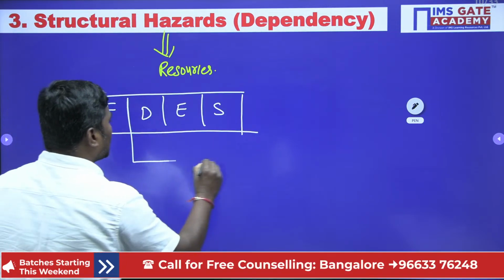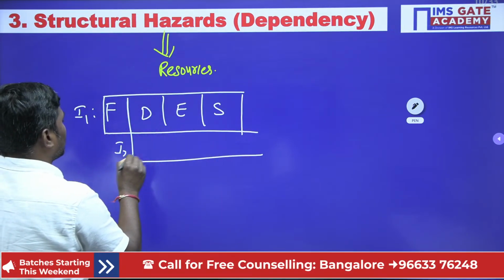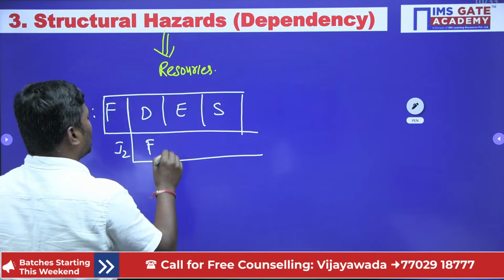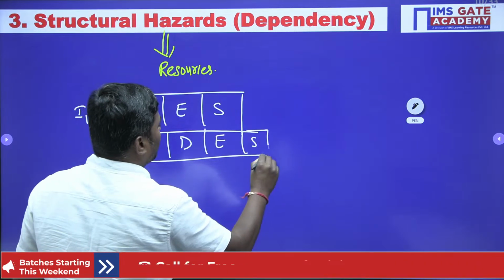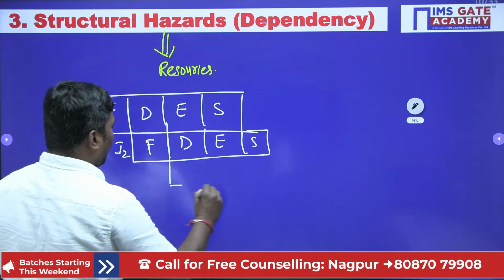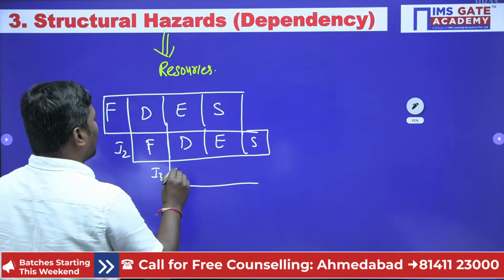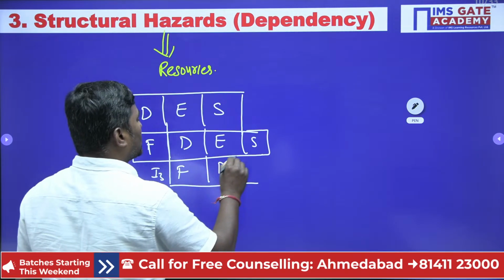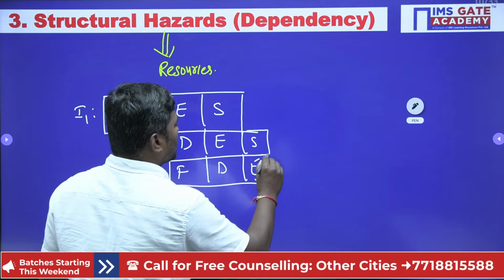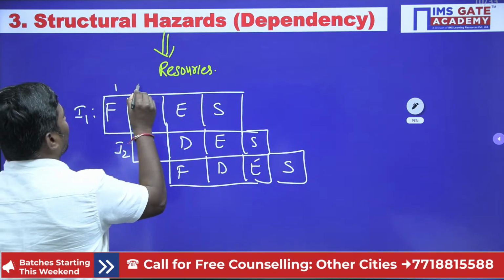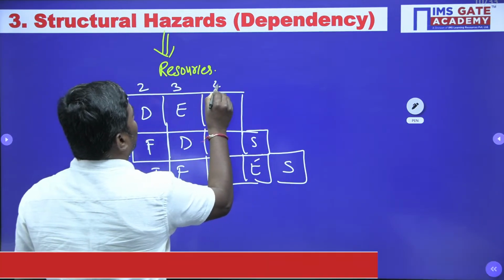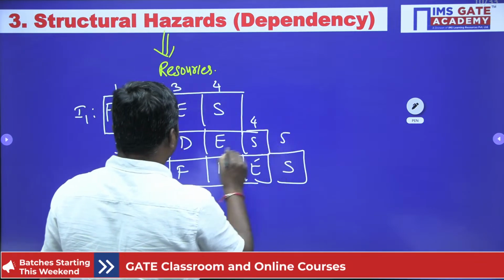Then instruction 2: fetch, decode, execute, store the results. Followed by instruction I3: fetch, decode, execute, store the results. Let's take each stage as 1 clock cycle: 1, 2, 3, 4, 5.